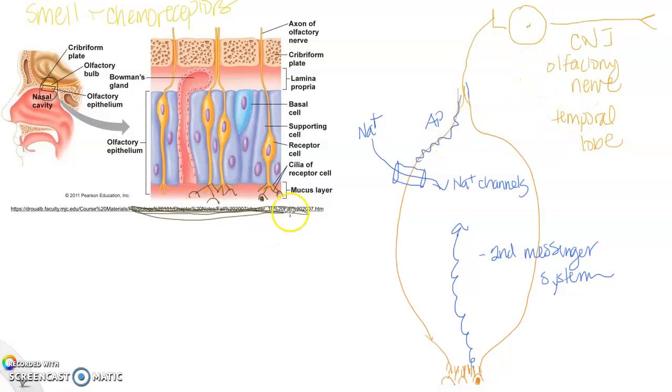All right, there are about 100 different smell sensations that are combined to make odors for us. But again, they travel the same way through these bipolar nerves, and they synapse here in this olfactory nerve, which is in the olfactory bulb.